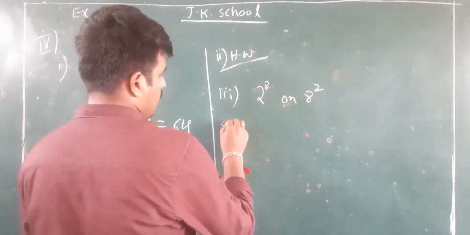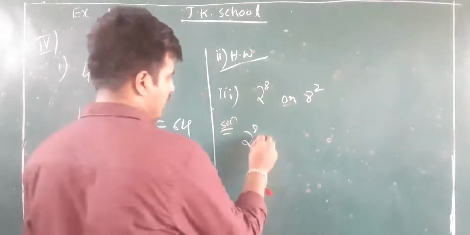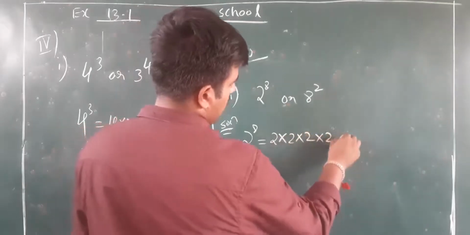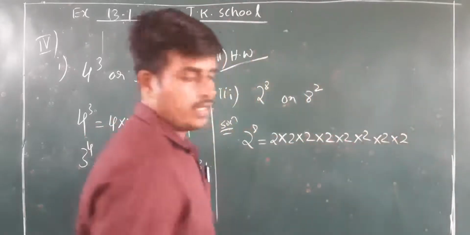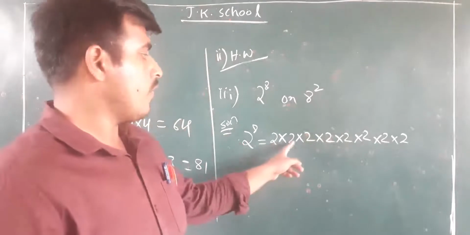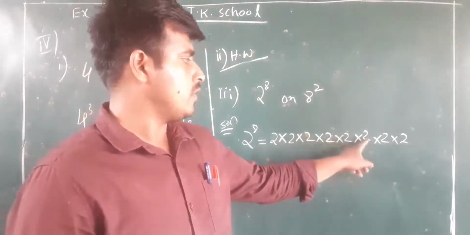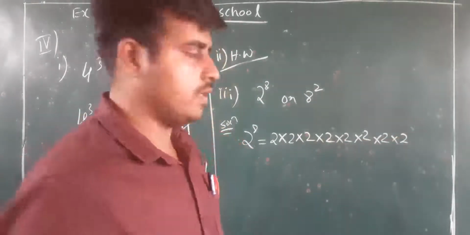So in the solution, what you have to do? You have to expand the given exponents. 2 raised to 8 means 2 is multiplied by itself 8 times. 2 twos are 4, 4 twos are 8, 16, 32, 64, 128 and 256.